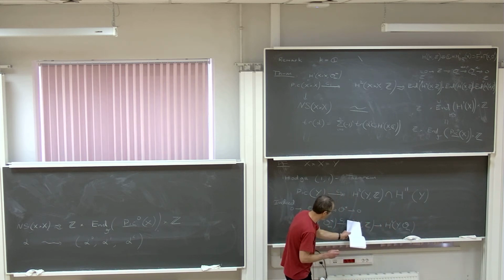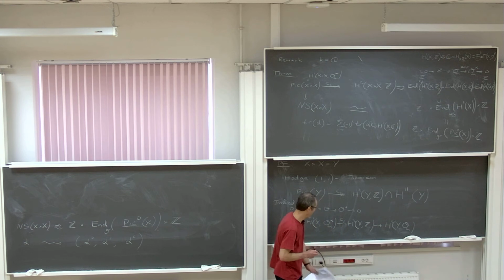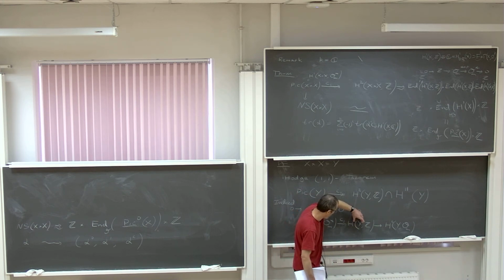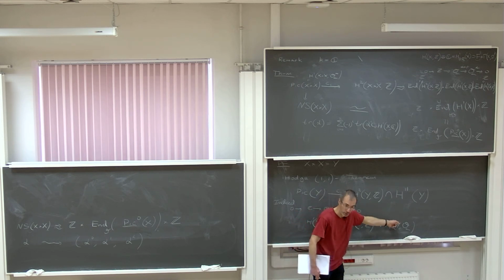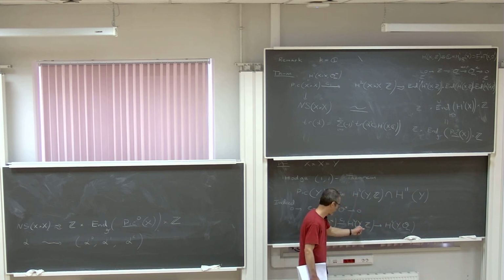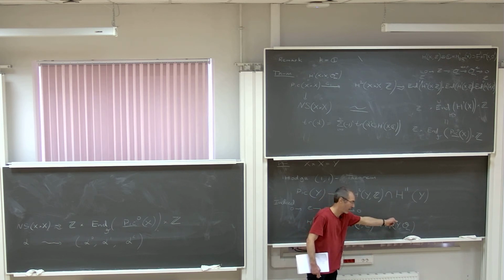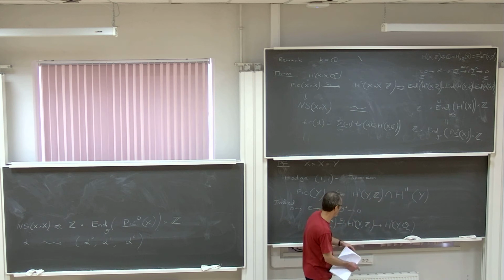So what we want to show is that by this exact sequence, we know that the image of this map is precisely the kernel of this map. So let's look at this map in terms of the de Rham homology.